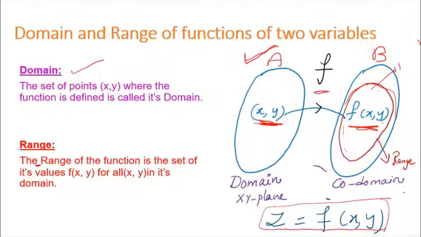The range of the function is the set of its values f of x y, that is the images or outputs, for all x comma y in its domain. The set of all the outputs is called the range.